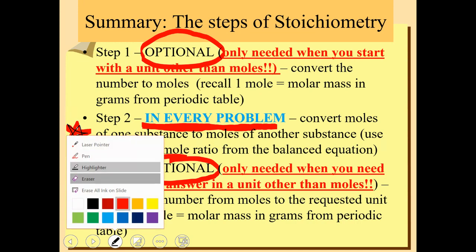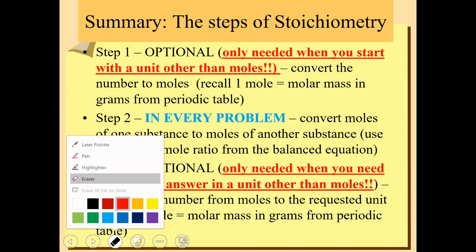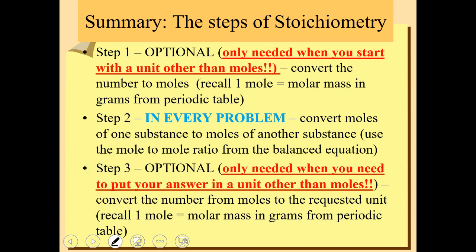Now I'm going to erase all of this that's on here. In my opinion, this is a great one to maybe screenshot or take a picture of, and continue to refer back to. This is your summary. This is your guide for the steps of stoichiometry. The worksheet that you did yesterday only had these steps.